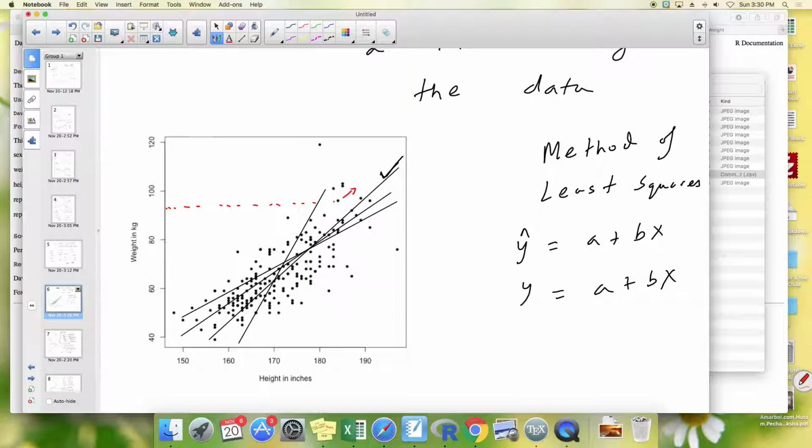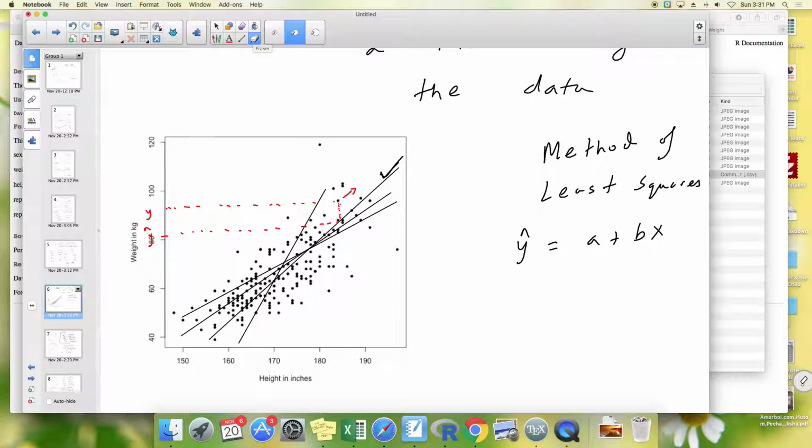But what should be y hat? The y hat should be, you drop perpendicularly here, and this value of y is y hat. So this is the actual value of y, this is y hat, that means the estimated value. The actual value of y is never a plus bx, because the points don't fall on a straight line. But the estimated value is a plus bx.